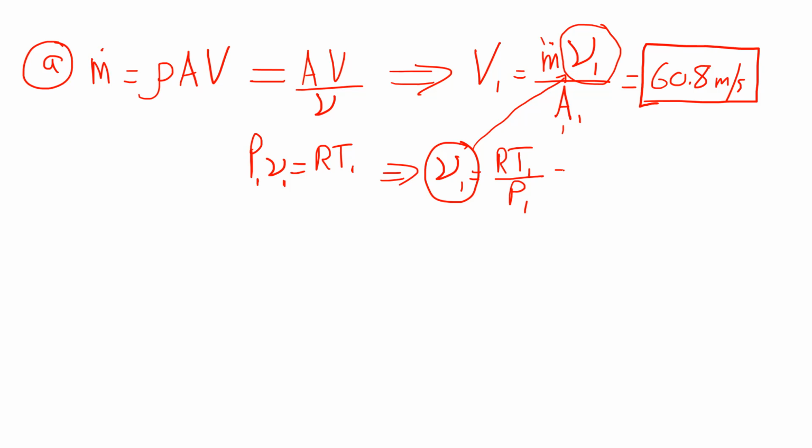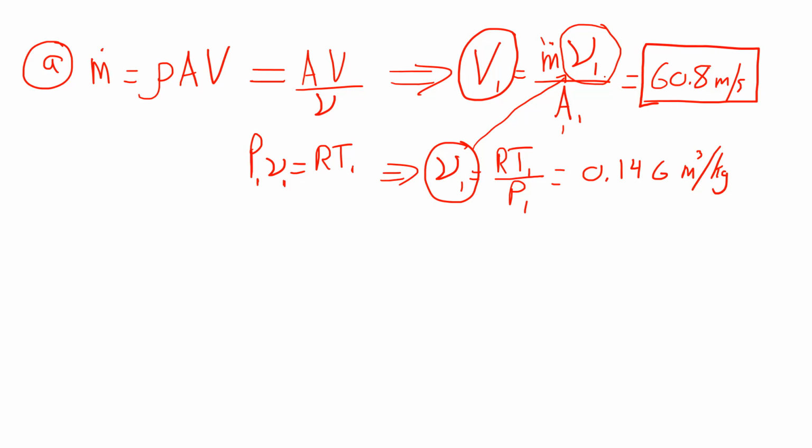If you went back and calculated the specific volume, you should have gotten 0.146 meters cubed per kilogram. So again, the idea was using the mass flow rate going in, you can solve for the velocity, but in solving for the velocity, you don't know what the specific volume is, but you know that this is an ideal gas. So you can use the ideal gas law to solve for the specific volume. And then once you have that, you can go ahead and solve directly for the velocity.